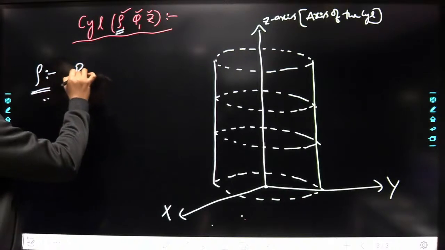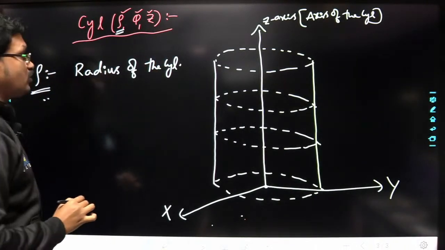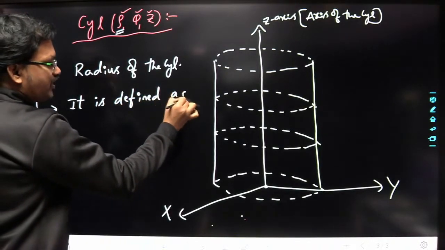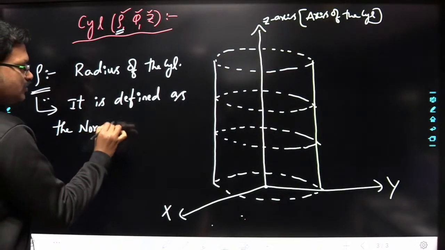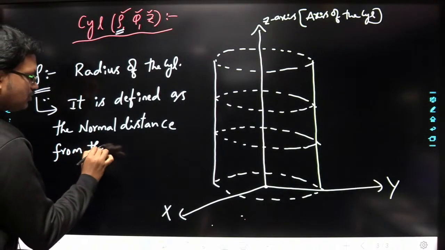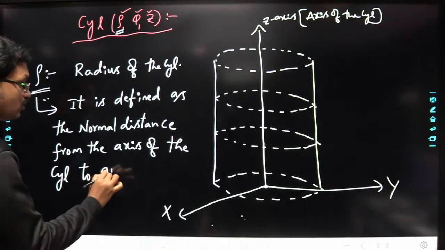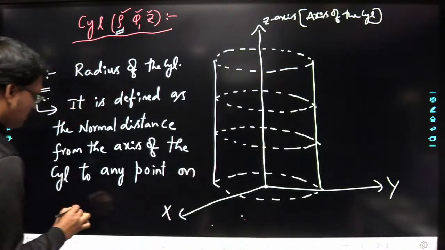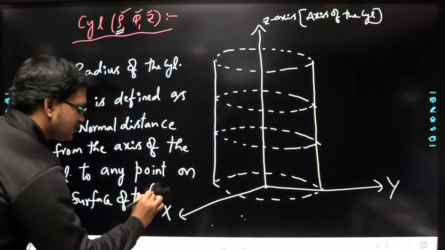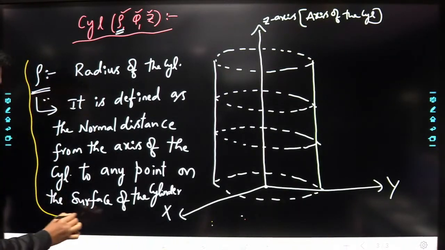Rho is called the radius of the cylinder.